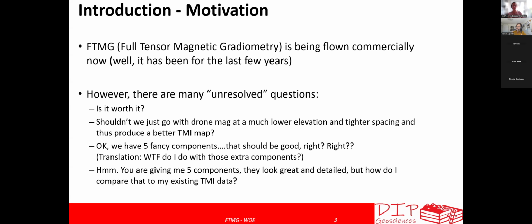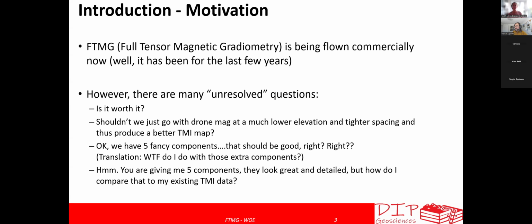We can fly much lower at a tighter spacing and then produce a total field. But the conclusion from Andrew's presentation is yes, from total field you can get tensor components, but since you are dealing with FFTs, the data is not necessarily going to be the same quality as when you measure it.